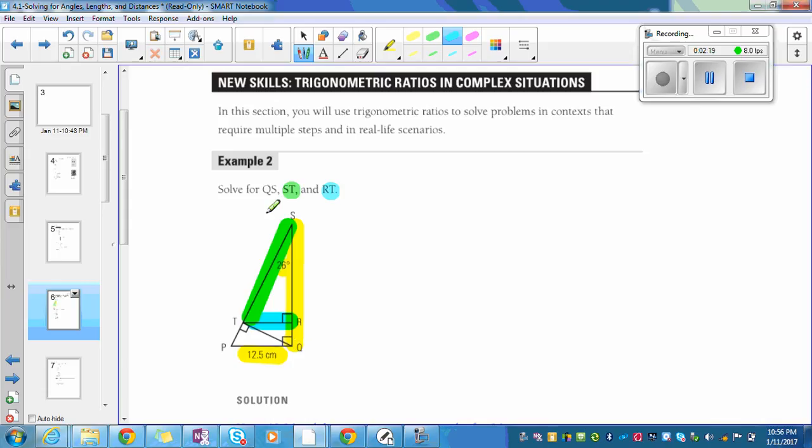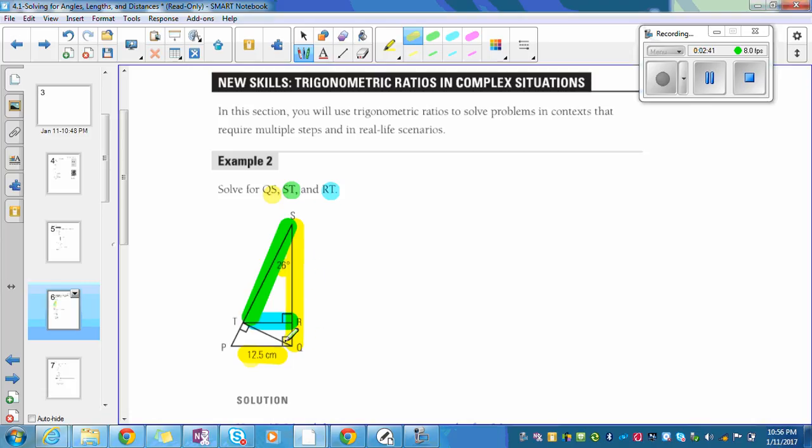The first one I definitely know that we can do is solve for QS. In this big triangle, angle S is 26, and the side opposite to it is 12.5. We want to find QS, which is in this big triangle.